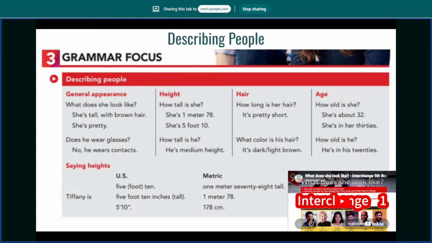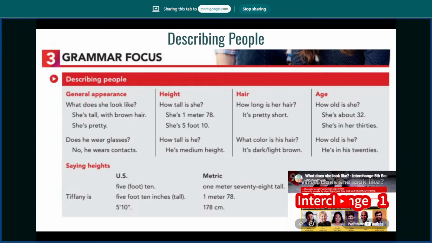Of course, usually we refer to height with our foot, but कुछ कुछ countries में मीटर में भी refer करते हैं. Okay, so it depends from country to country, but in India we refer to foot. Okay, so I can say she is 5'10", or we can say he is medium heighted, she is average heighted, or she is as tall as me. ऐसे करके हम refer कर सकते हैं.